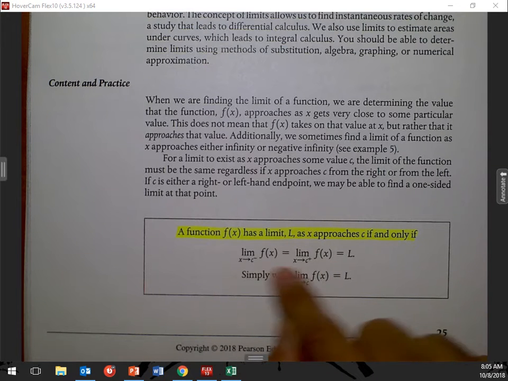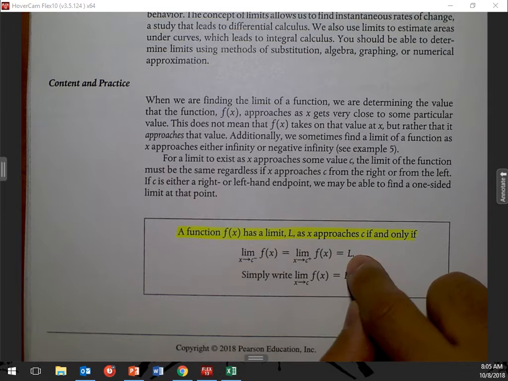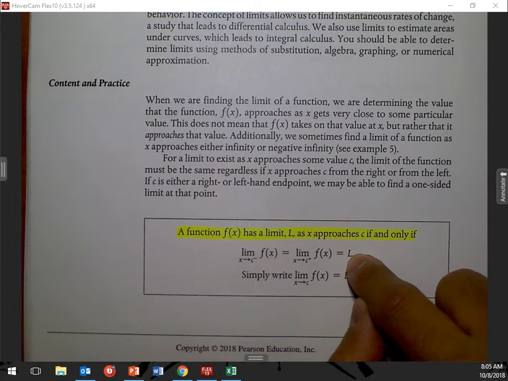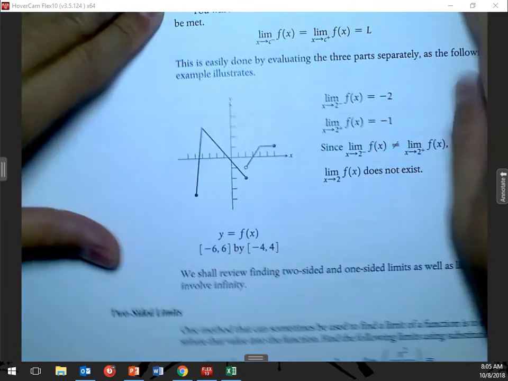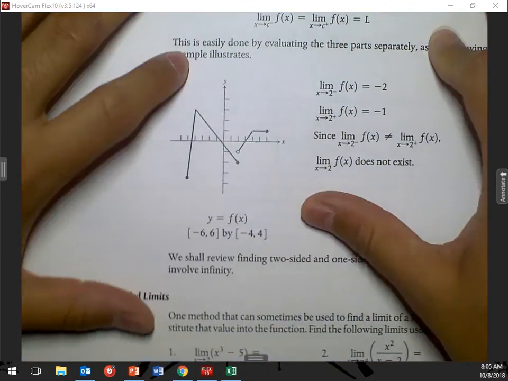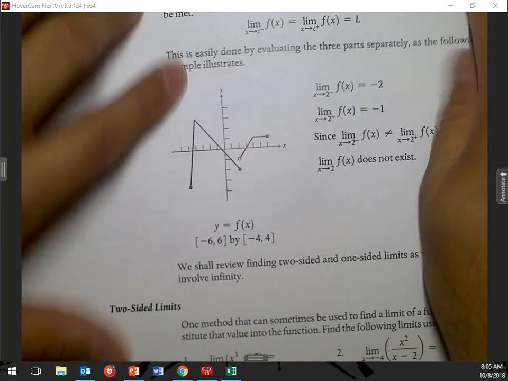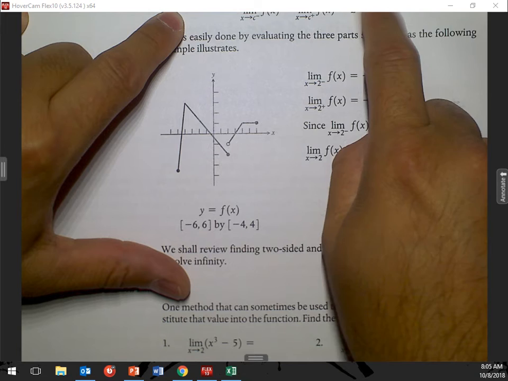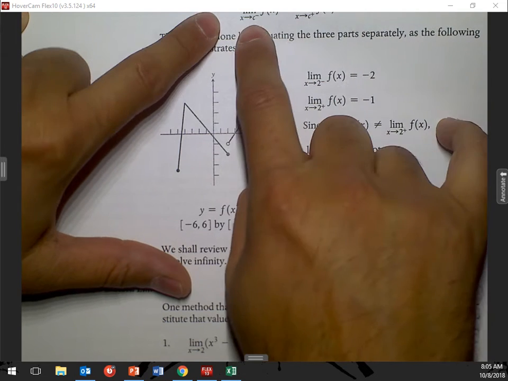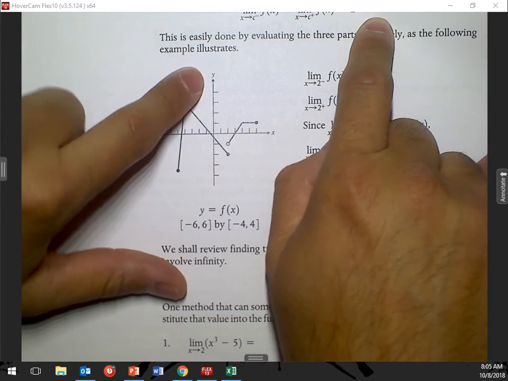If that were true, both would not be equal, so the limit would not exist at that point c. Okay, so the definition specifies three different conditions must be met: left-hand equals right-hand, and that equals the limit.